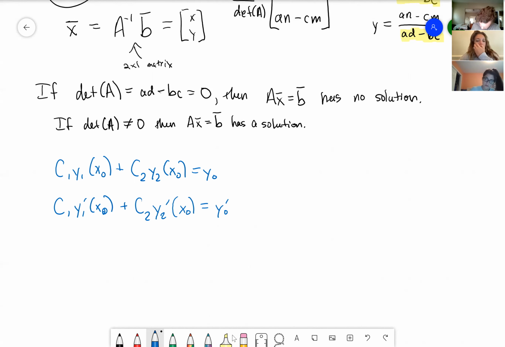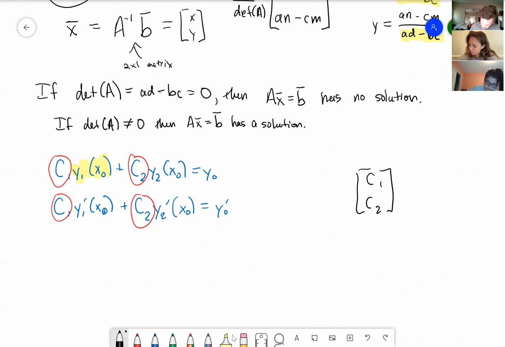So we know this thing, and what we're trying to find is this thing, right? The C1 and C2 are unknown variables. So let's first write that as C1, C2. So that's the X bar in our matrix vector equation. So what's the matrix?